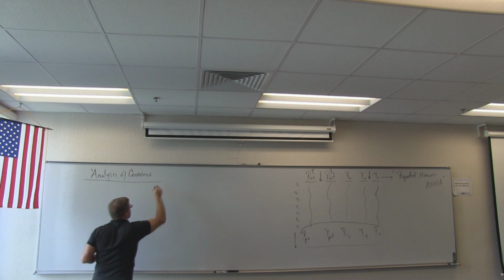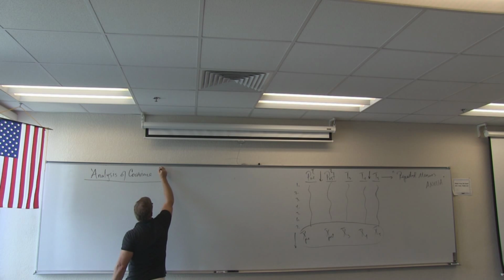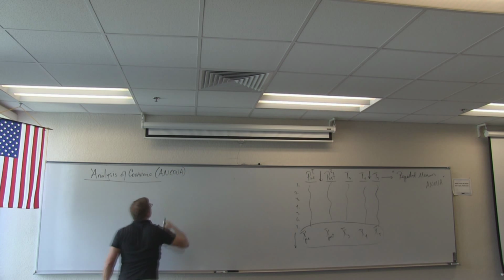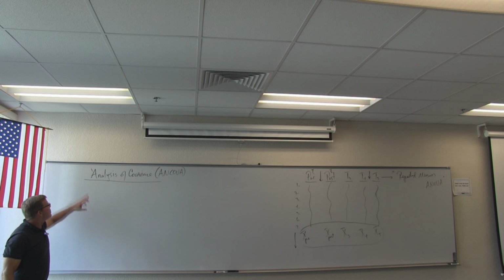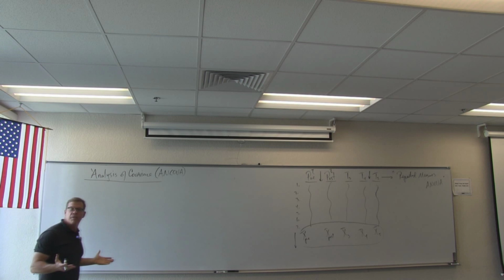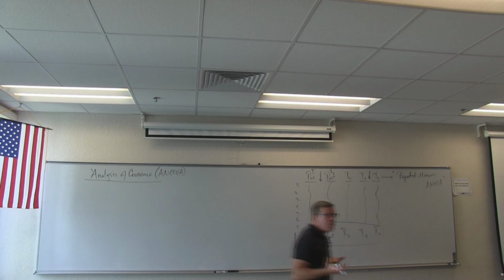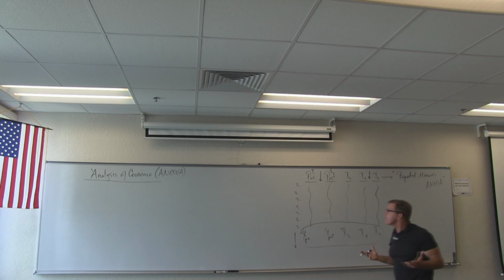Analysis of covariance, commonly referred to as ANCOVA. This is a special type of ANOVA that can come in the one-way version, the two-way version, the MANOVA version, the repeated measures version.